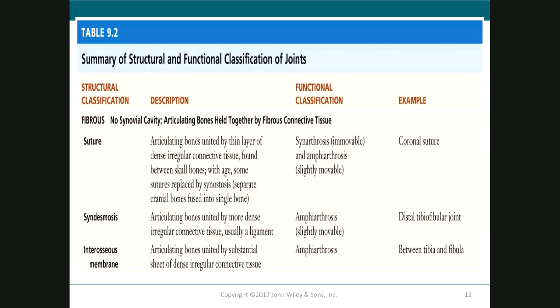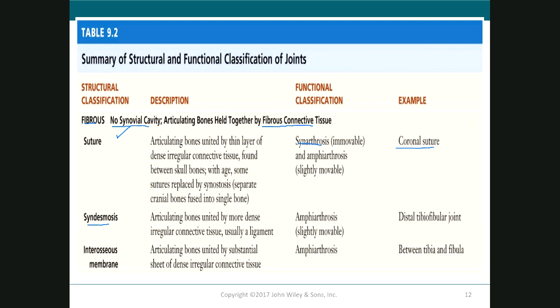So here's an overview of the fibrous joints. They have no synovial capsule, and they're bound together by fibrous connective tissue. Sutures are synarthrosis. An example would be a coronal suture.